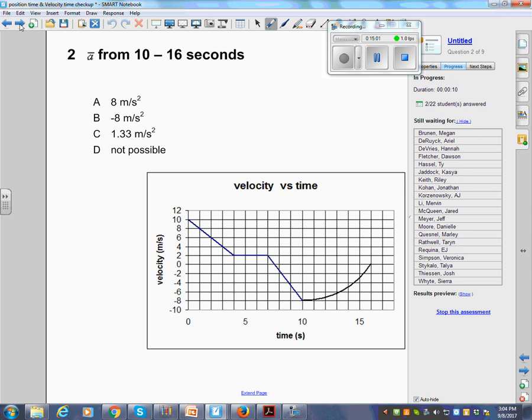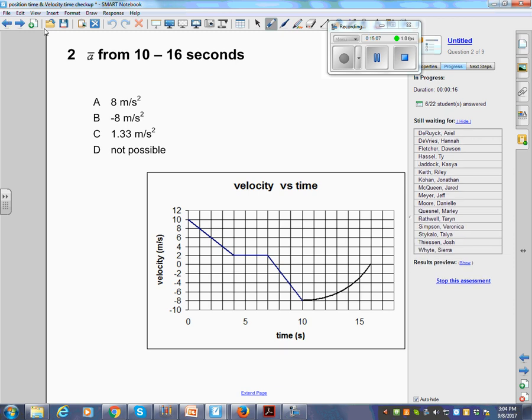There's the area. I forgot all about this.